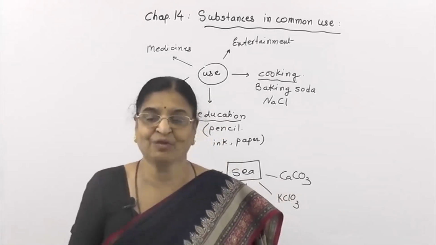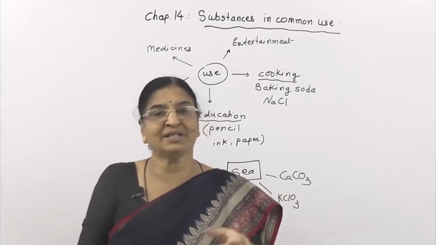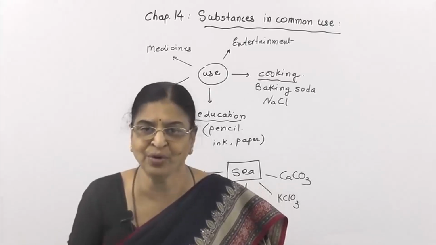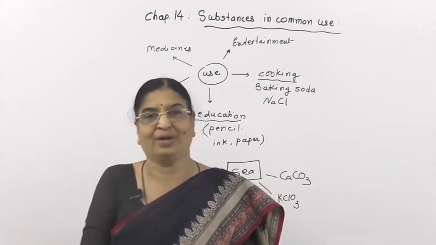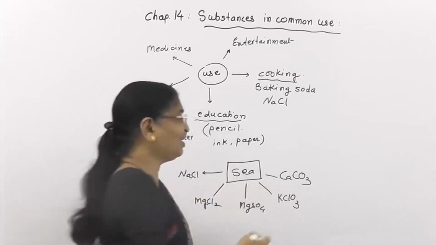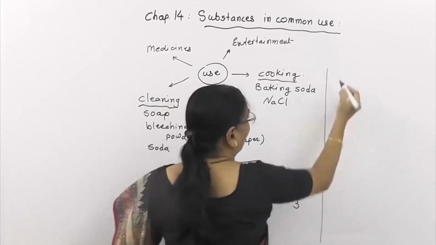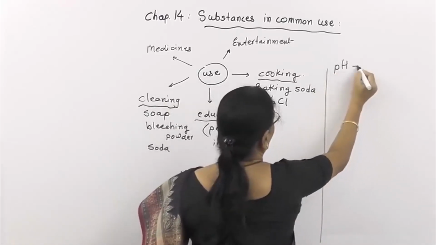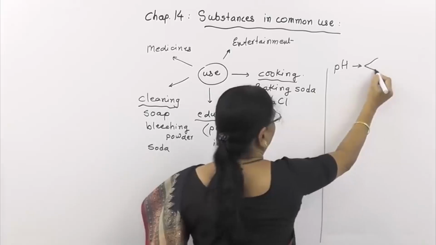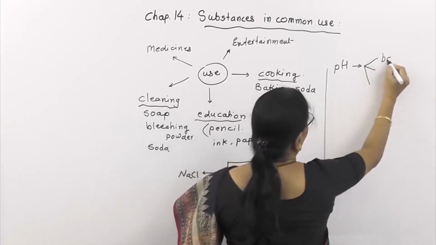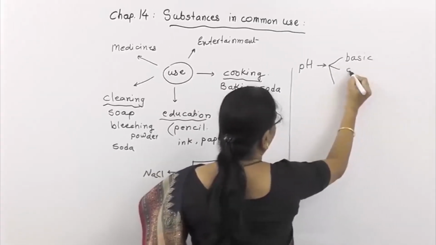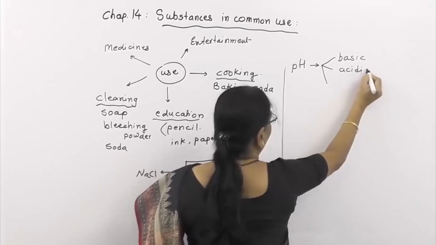But before that, we can take these substances and test them, as I have told you, and find out their pH value, so that you can use this pH value to find out whether the substance is basic or acidic or neutral.